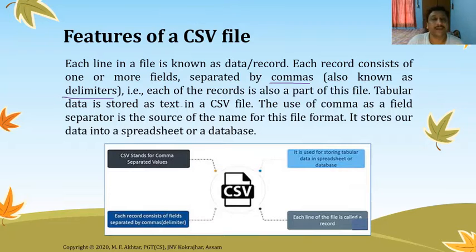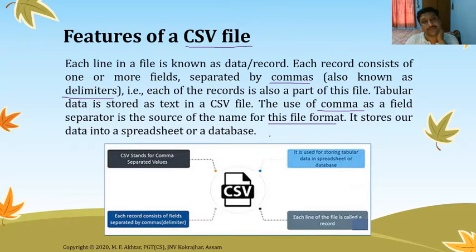Tabular data is stored as text in a CSV format file. The use of comma as a field separator is the source of the name of this file format. Because each and every element is separated by a comma, this file format is known as CSV format file. It stores our data into a spreadsheet or a database.